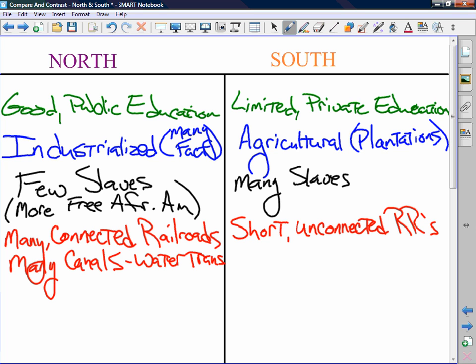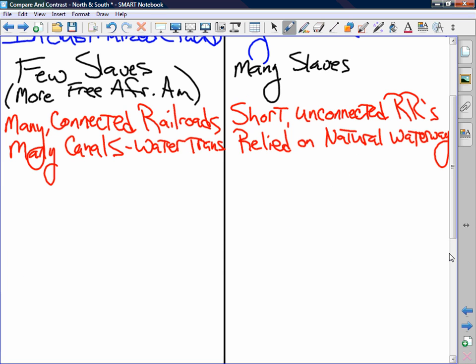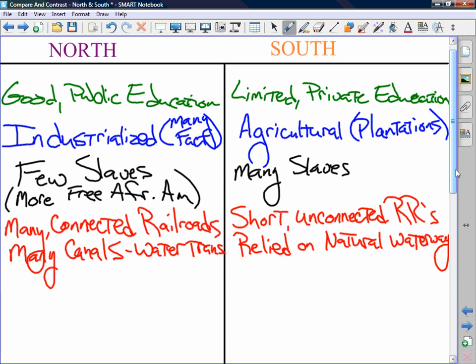And here, just like Kayla said, they relied on natural waterways. Good.